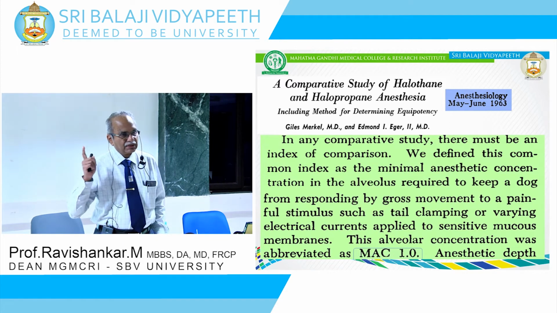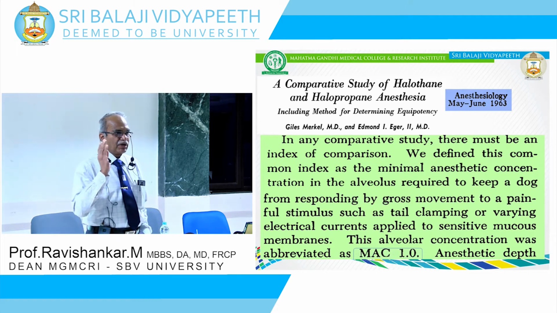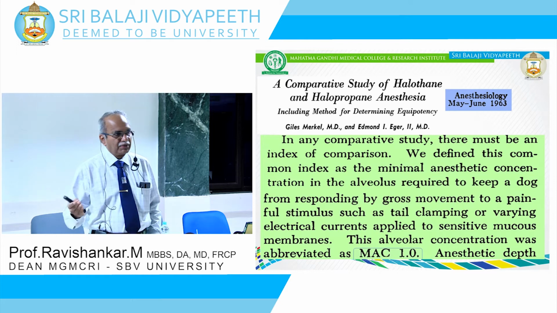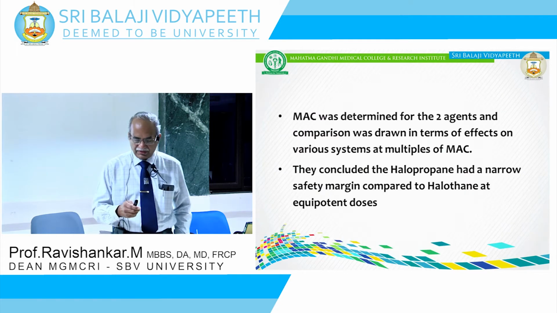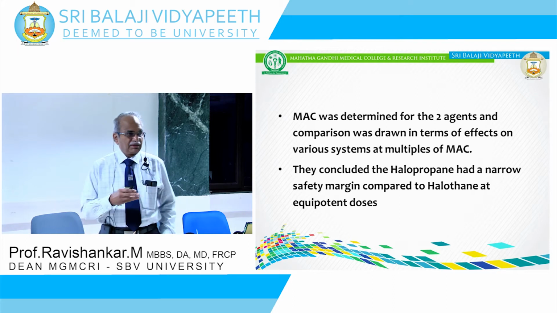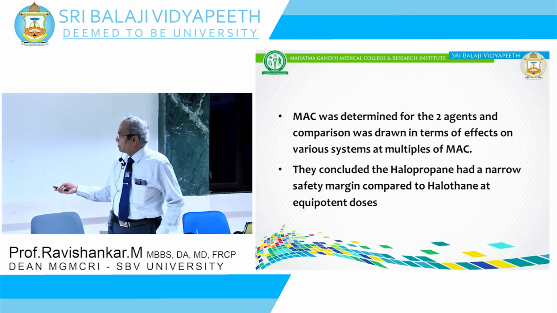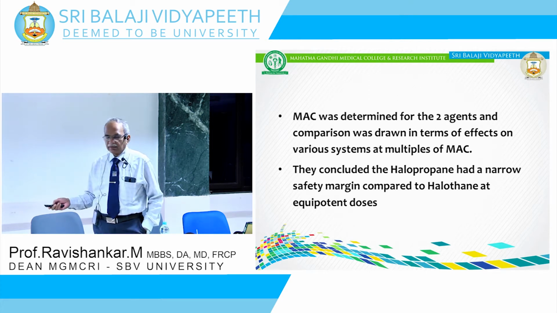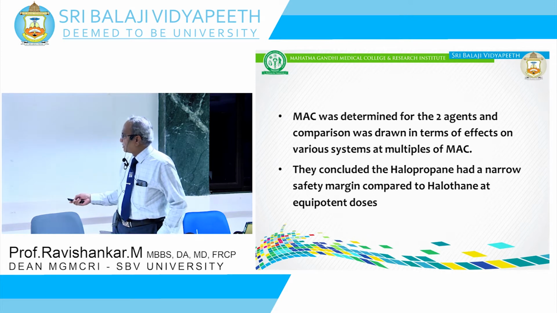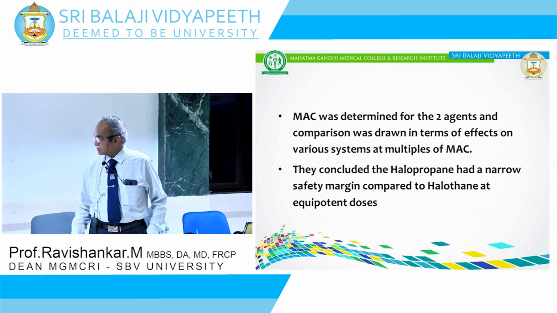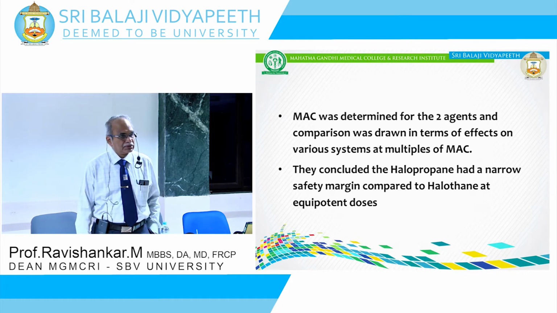So they defined what the endpoint was at that time, and said I am going to look at this particular endpoint for comparing the two agents to say what is the equipotency between the two agents. So that is how this index came in, mainly to compare the equipotency of the agents that were coming into the market. The MAC was determined for these two agents, and comparison was drawn in terms of effects on various systems in multiples of MAC, and they concluded that halopropane had a narrow safety margin compared to halothane at equipotent doses.